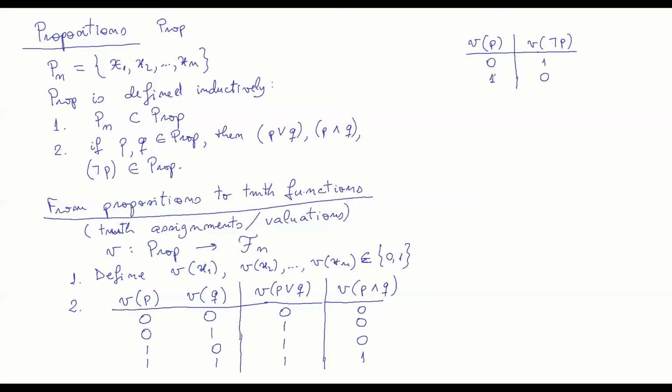So in this way, starting from whichever valuations we want to give to these variables, whether it's 0 or 1, we build up inductively a valuation for any proposition. In other words, we manage to define a way to go from propositions to truth functions.